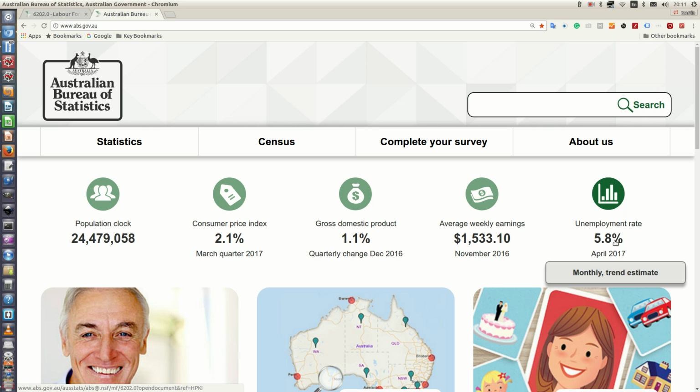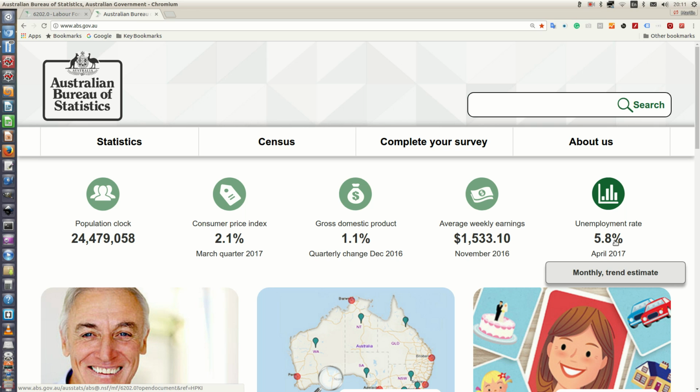So why does the Australian Bureau of Statistics produce monthly estimates if they're so volatile? It's because there's a demand for monthly estimates by the government and by economists. But unfortunately, the government is unwilling to pay extra money to increase the sample size to a point where the Australian Bureau of Statistics could produce accurate monthly estimates.